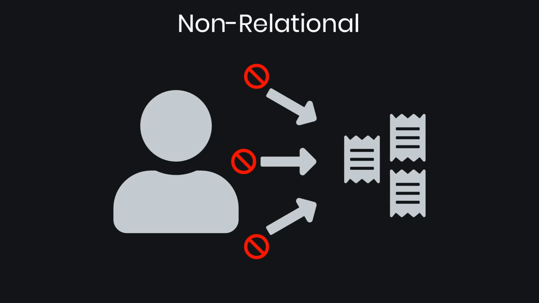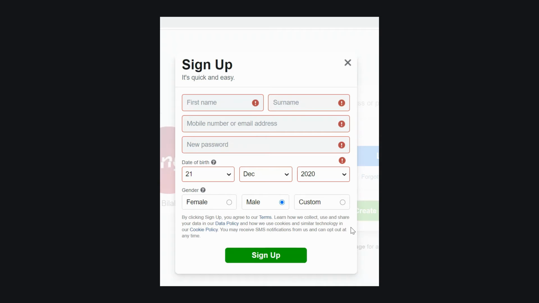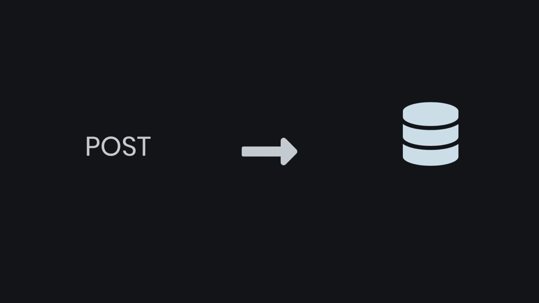Information can be sent to a database in many ways. One common way you may have submitted data is through a form. Let's take this Facebook sign up form for example. There are two methods of managing data in databases: post and get. Simply, the post sends data to the database and get retrieves the data.